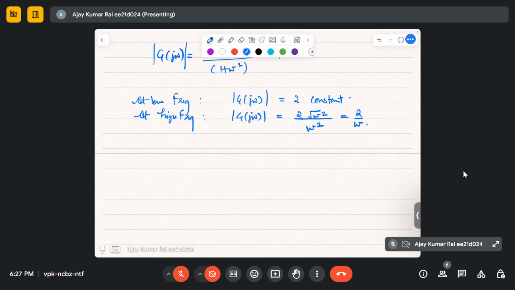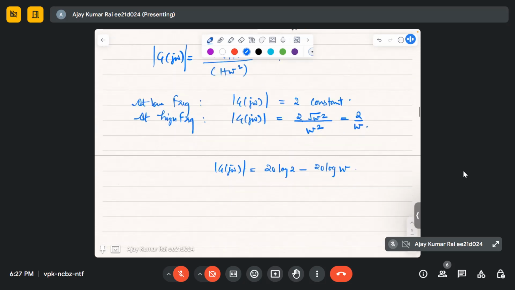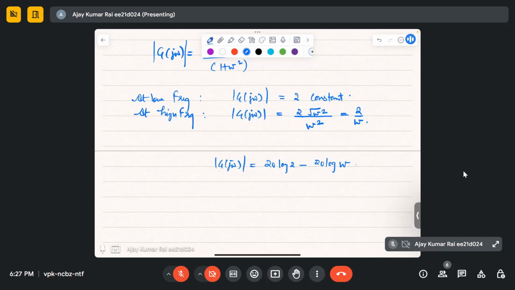Okay, let's find in dB. What you'll get is 20 log 2 minus 20 log of omega, right? Now take 1 decade more than omega, so let's take 10 omega and find out the slope. You'll get 20 log 2 minus 20 log of 10 omega.